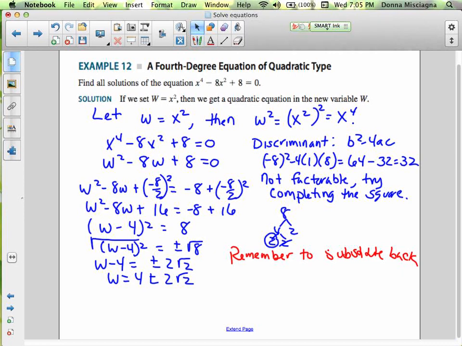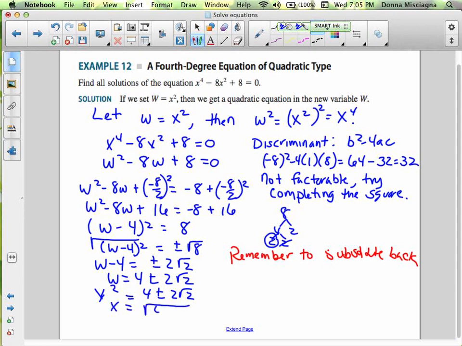All right, so this is going to be x squared, because w is x squared, equals 4 plus or minus 2 square roots of 2. And we don't want to solve for x squared, we want to solve for x. So that means x is equal to the square root of 4 plus or minus 2 square roots of 2.